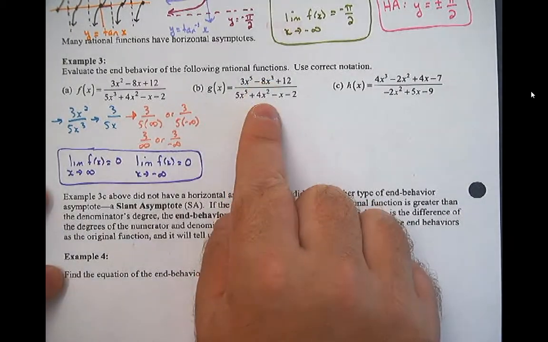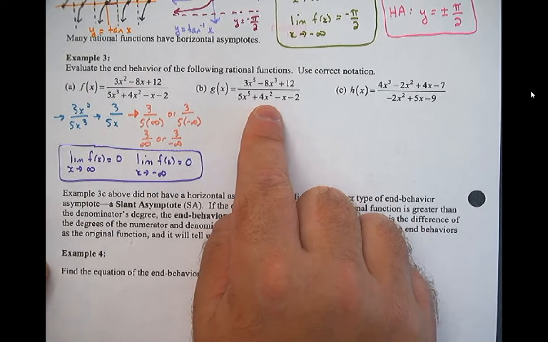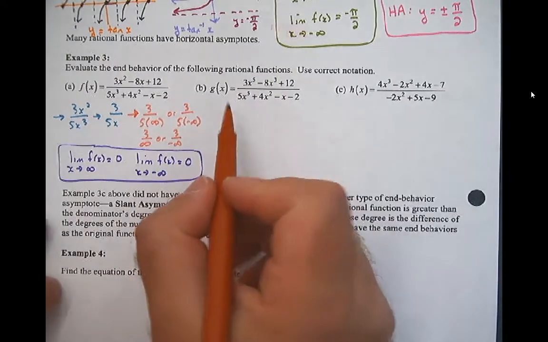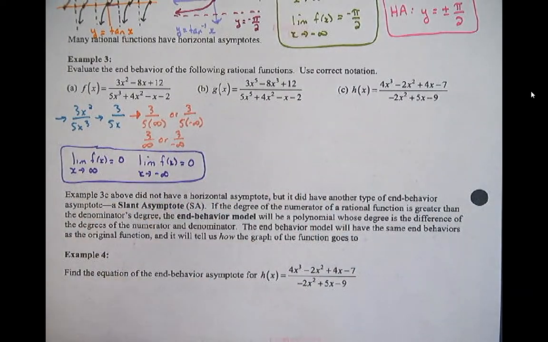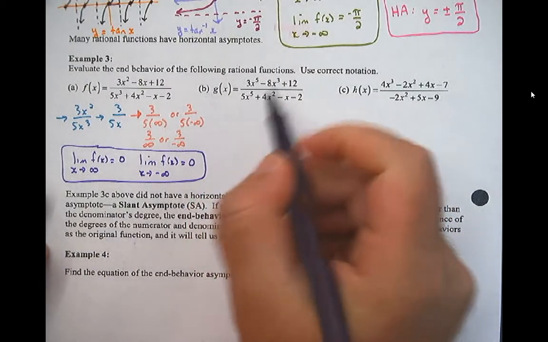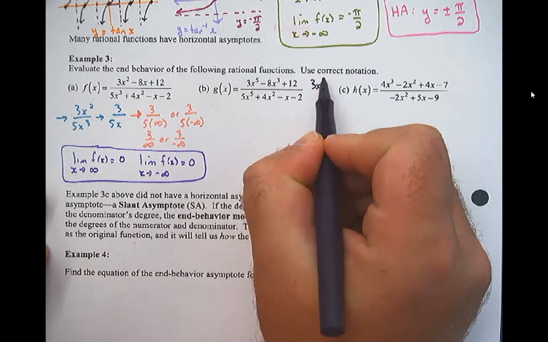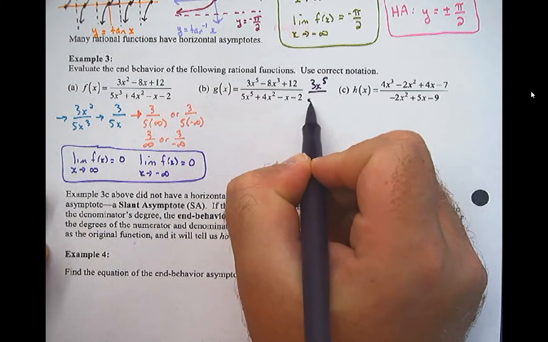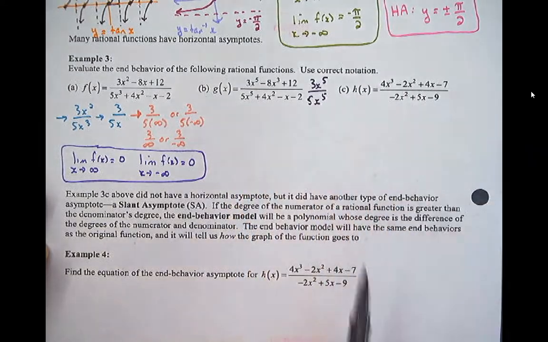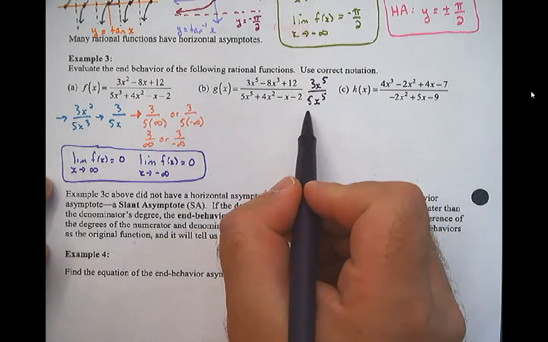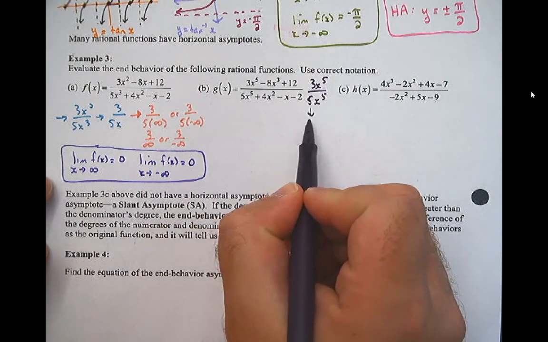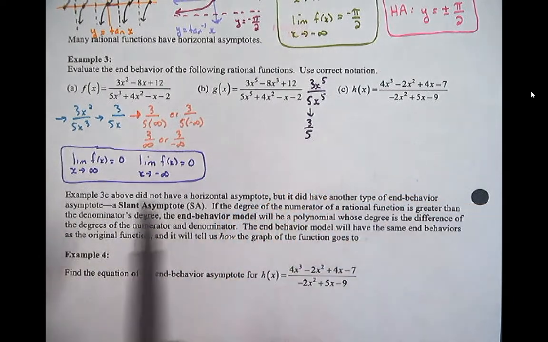All right, let's use that logic here and try to analyze this problem. So I'm going to first kind of break it up into, who does this graph act like? This graph acts like 3x to the 5th over 5x to the 5th. If I said clean this up, what would you get? I would get 3 over 5. Game over.